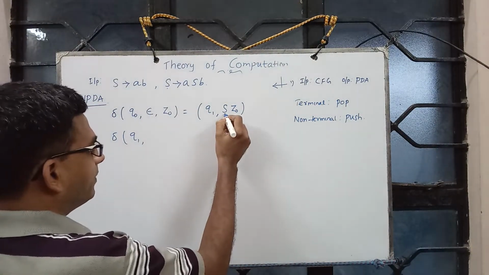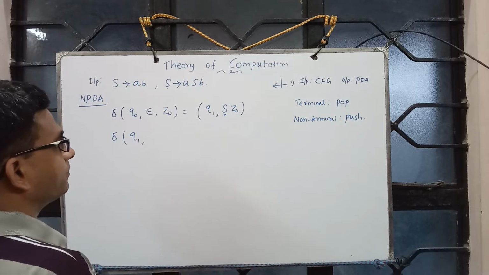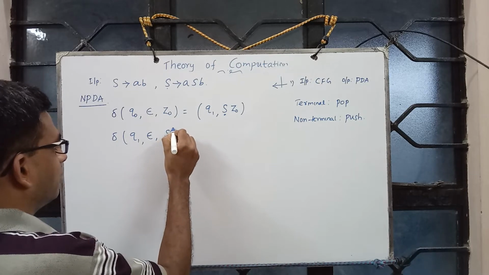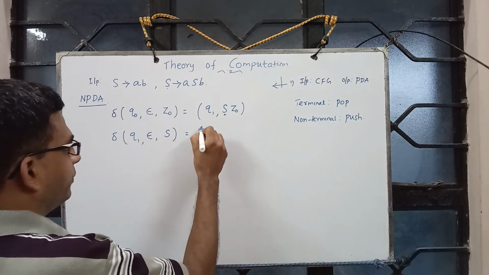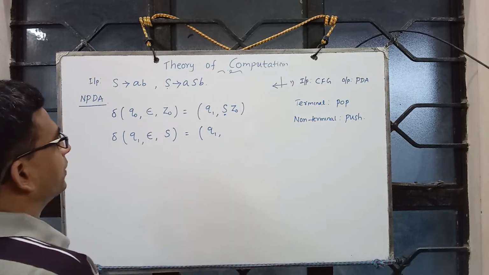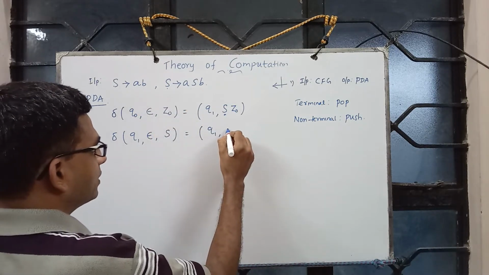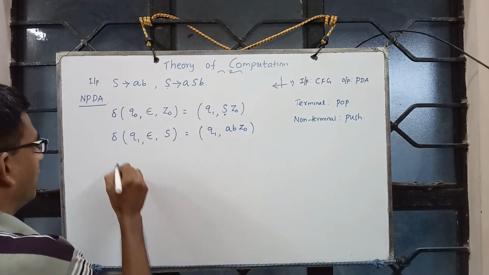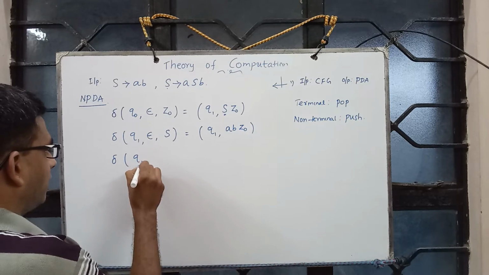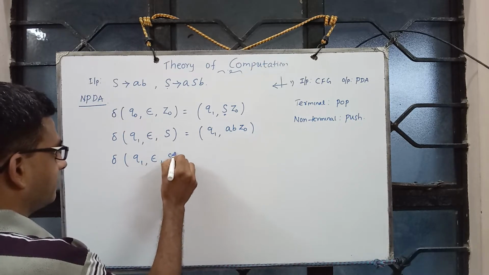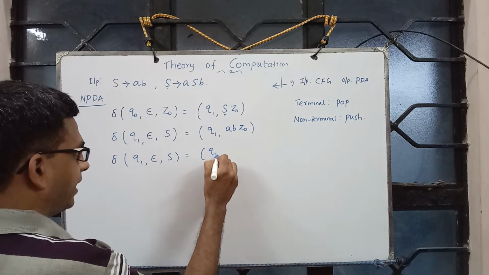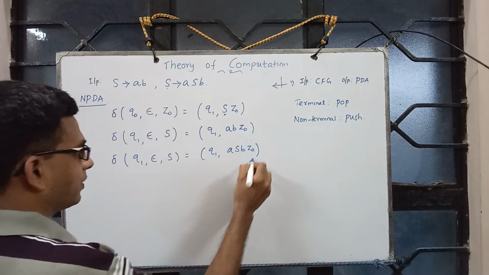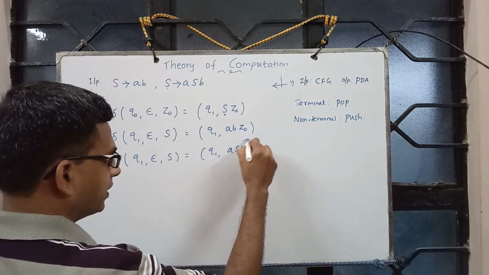So now the top one is capital S. Now it is non-terminal. So what we do, we stay at Q1 and push AB Z0. We write all possible values for S. We stay at Q1 and push ASB Z0, which means it is this one in terms of stack.